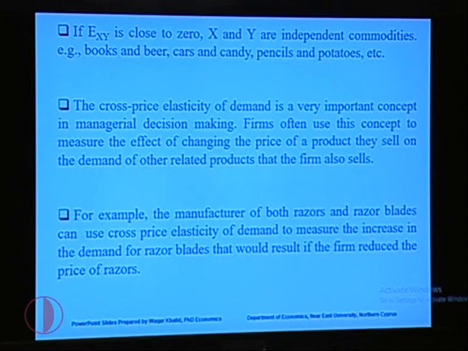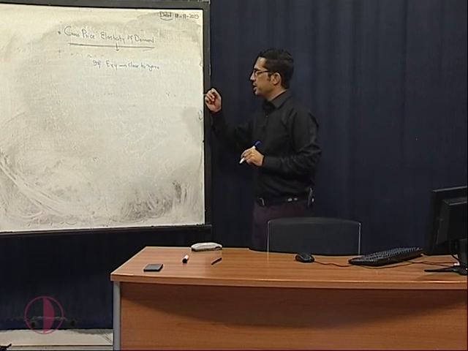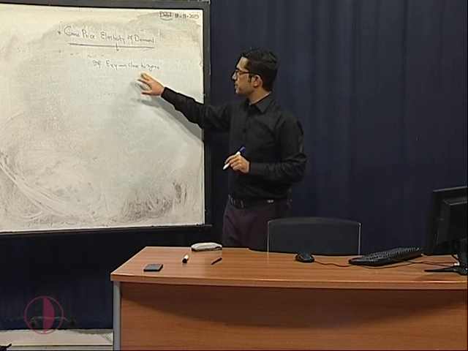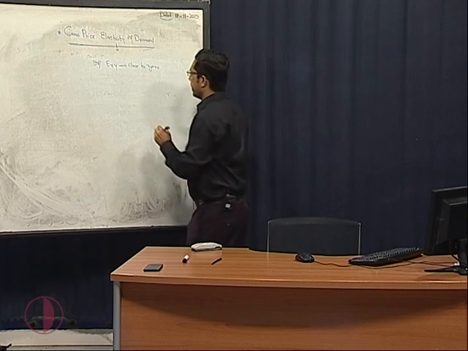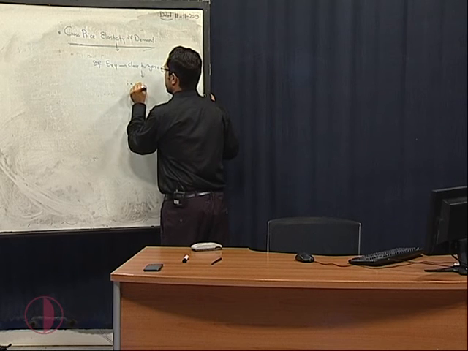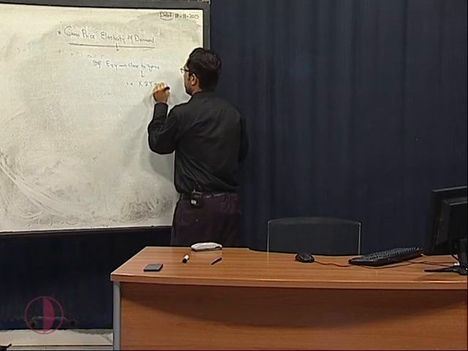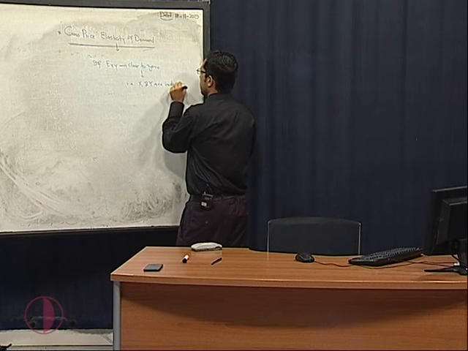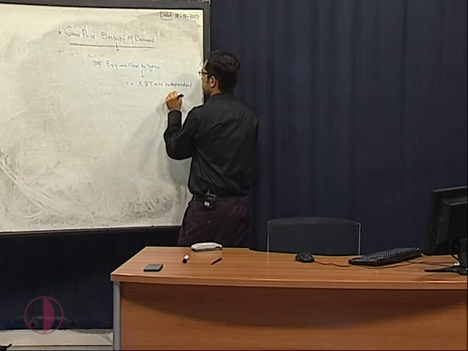If this value is close to 0, in this case it was positive, in the second case it was negative, but if E_XY is close to 0, if the value of the cross price elasticity of demand between two products, between two items is close to 0, it means that X and Y are independent goods.